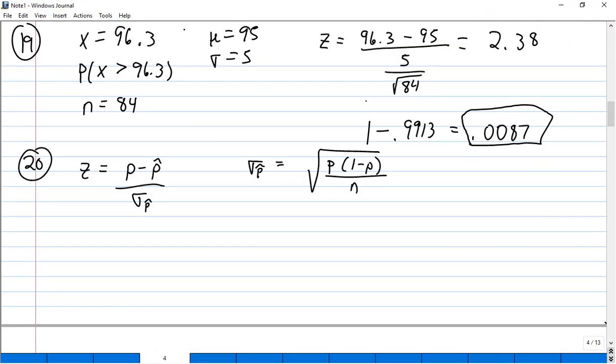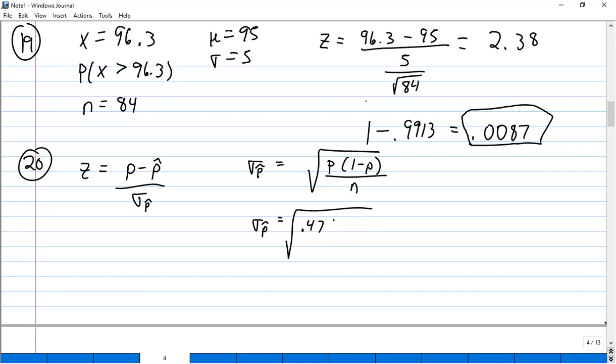All right, so we need to find sigma sub p hat. And the way we find that, remember that original claim, it says suppose 47% of the doctors in America are dentists. So 0.47, that's our p. So it's 0.47 times 1 minus 0.47.